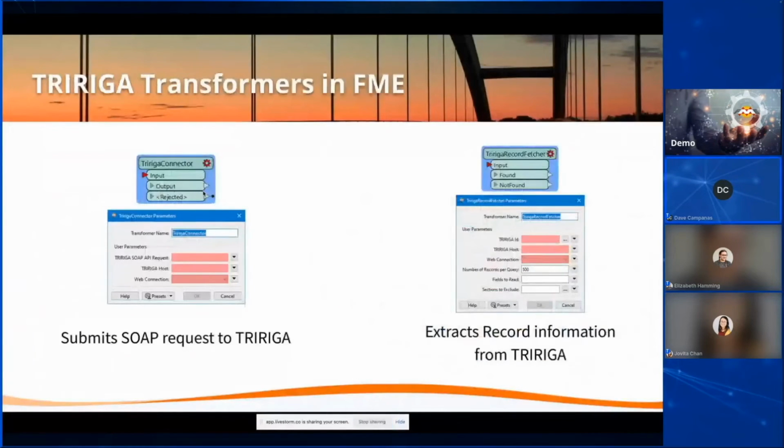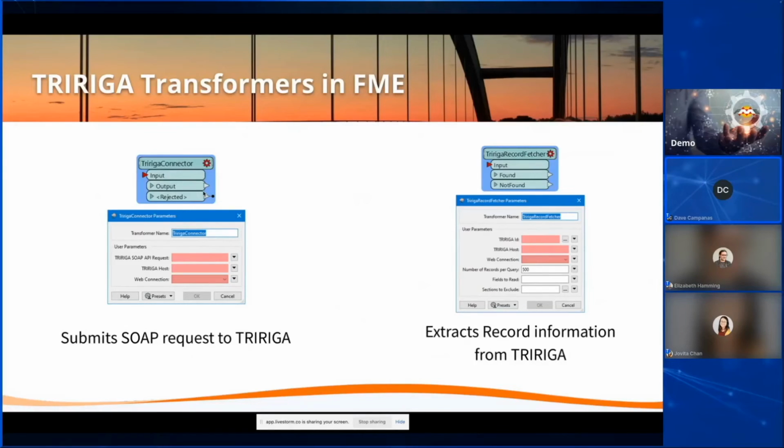We have two transformers in the FME Hub to work with Tririga. The first is the Tririga Connector, and this is just a general connector to Tririga. It allows you to submit an XML SOAP query, and will return the XML results back. It's very simple. Unlike the previous examples, there's no setup required to connect to Tririga.